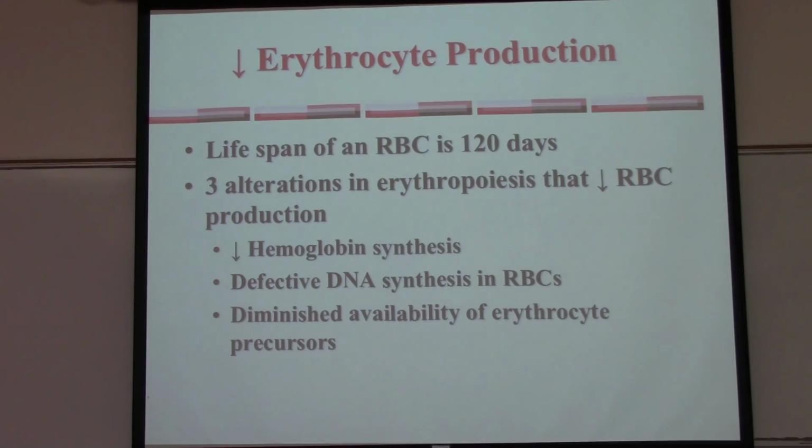3 different alterations: decreased hemoglobin synthesis, a defect in the DNA, or you don't have the erythrocyte precursors. Where are these erythrocyte precursors? Not quite. Bone marrow. Bone marrow.